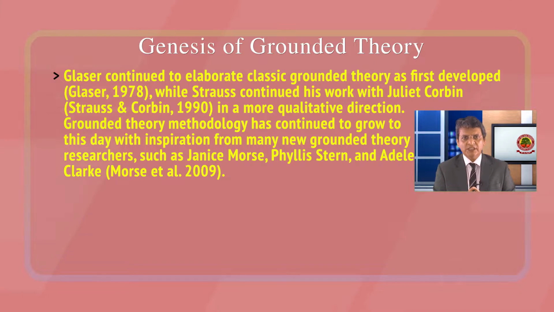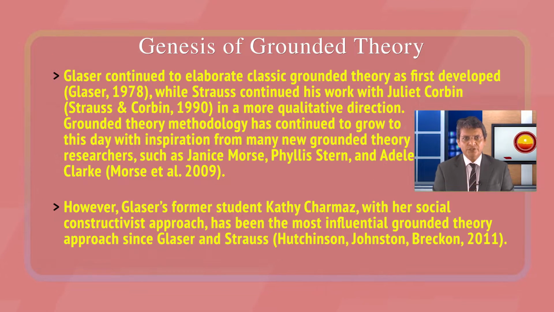Grounded theory methodology has continued to grow to this day with inspiration from many new grounded theory researchers such as Morse, Stern, then Clarke. However, Glaser and his former student Kathy Charmaz, with her social constructivist approach, have been the most influential grounded theory approach since Glaser and Strauss.